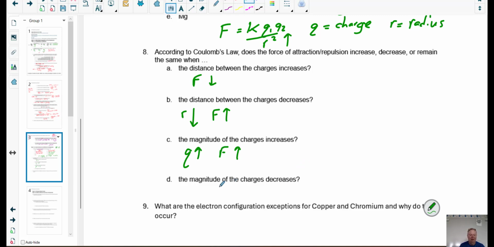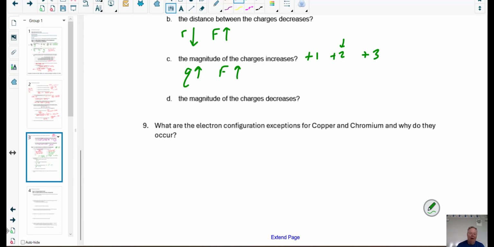And the same way, when we're thinking about the magnitude of the charge, we're talking about +1 versus +2 versus +3, or -1, -2, -3, and so forth. A +2 would have a greater attraction than a +1, and vice versa, +3 would have a greater attraction than any of them. If the charge decreases, then obviously the force is also going to decrease.